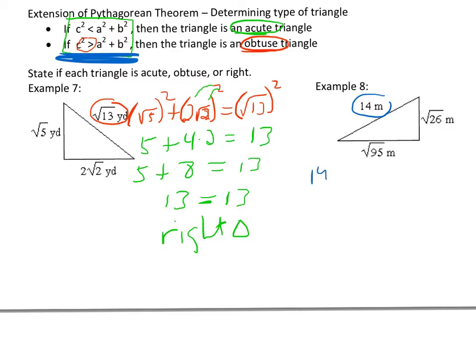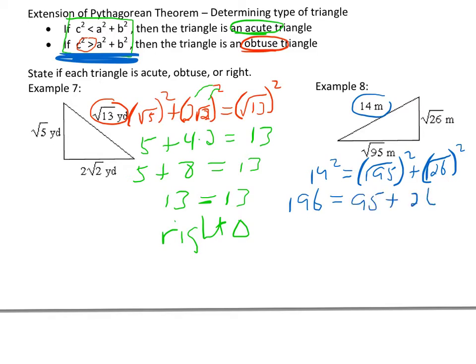So 14 squared equals root 95 squared plus root 26 squared. 14 squared is 196. Squaring a square root just gives you what was inside. If we add those together, we get 121, and again 196.